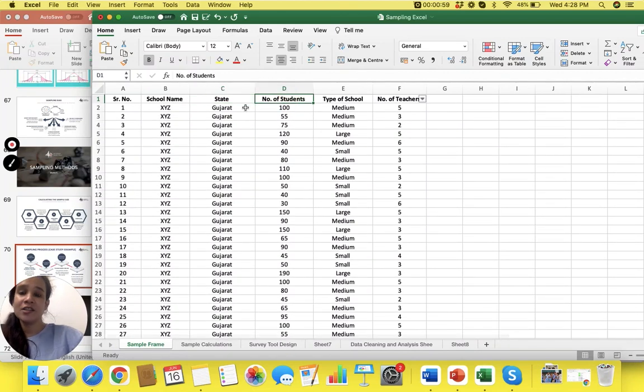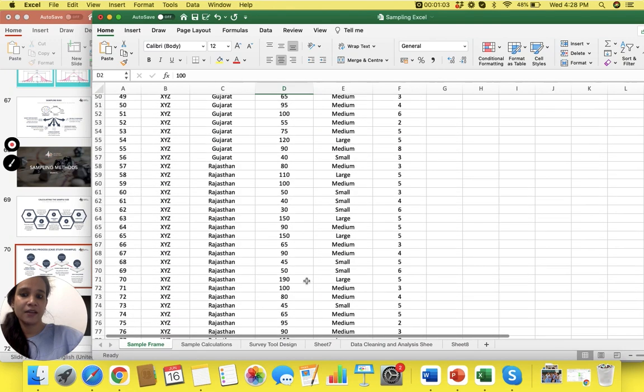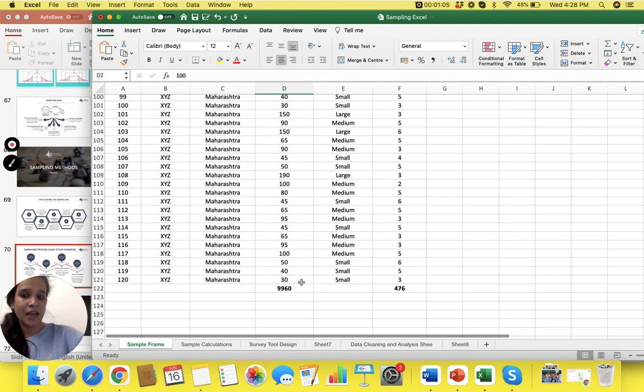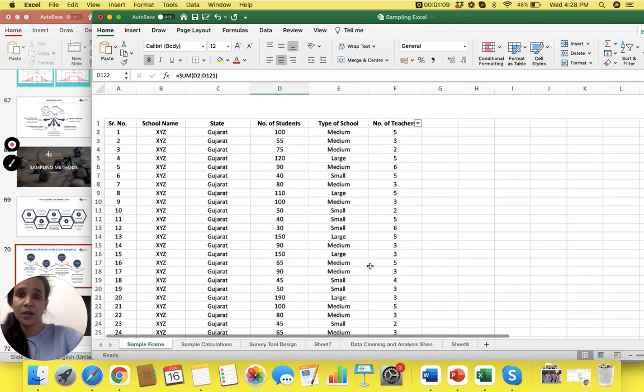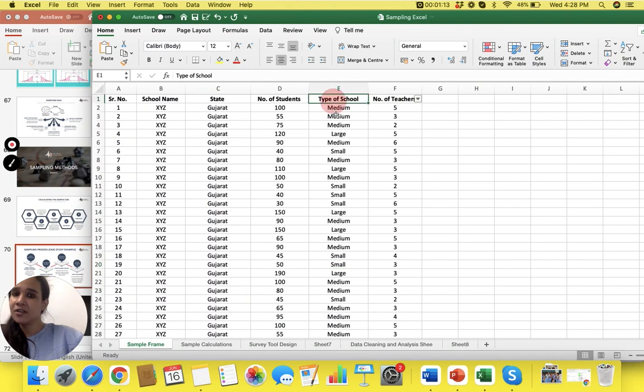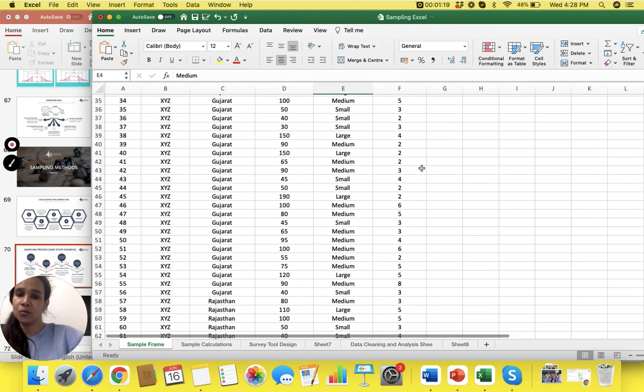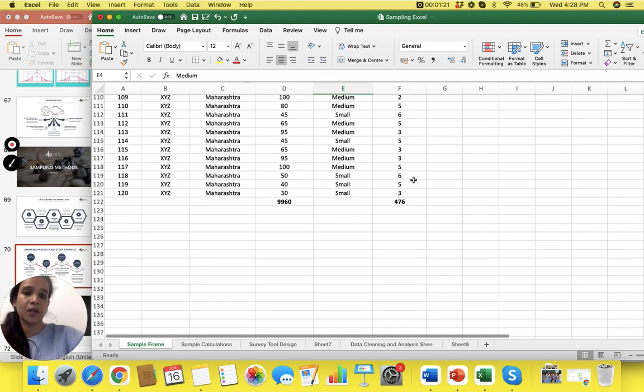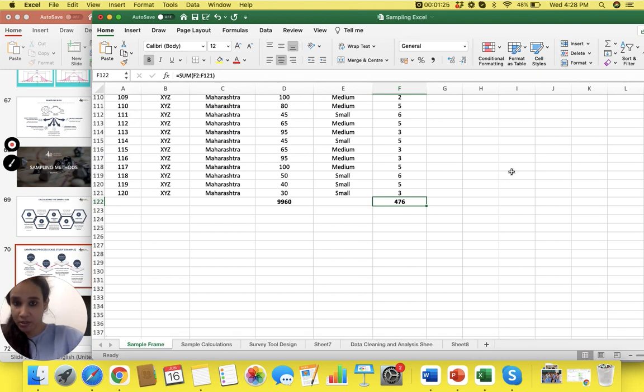We have the student size for each school, the total number of students, and eventually a total student size of 9960. Based on the number of students, we've also classified the schools as small, medium, and large. And then we have the number of teachers per school, which amounts to around 476 teachers across the program.